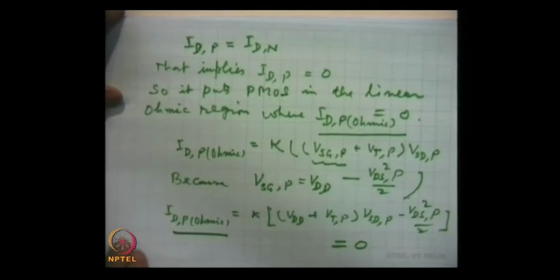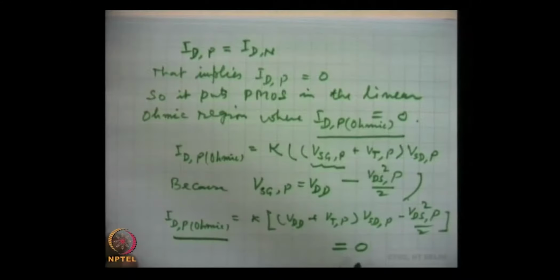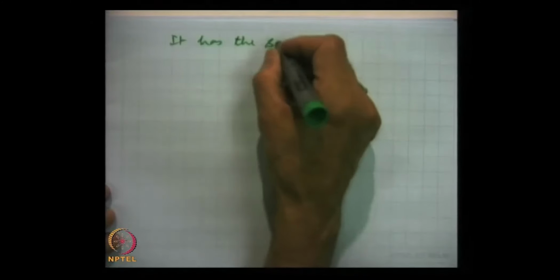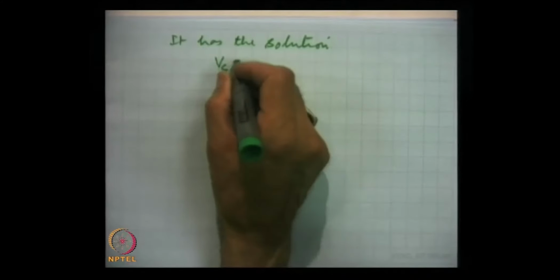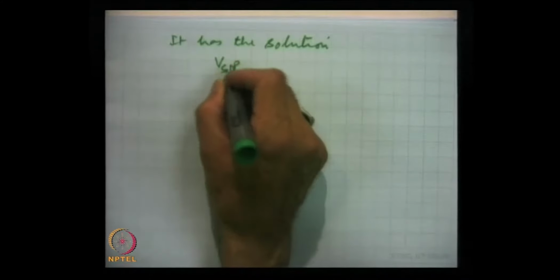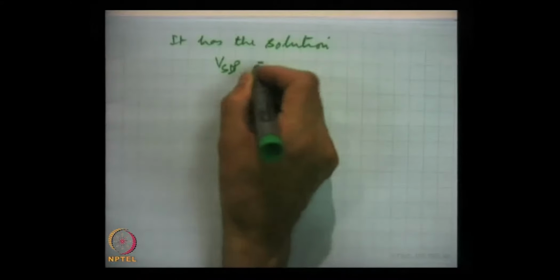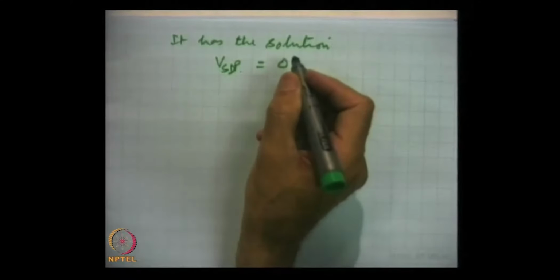Then the solution of this equation with this 0, K is not 0 and other parameters are not 0, this will imply that the solution is VSDP is 0.